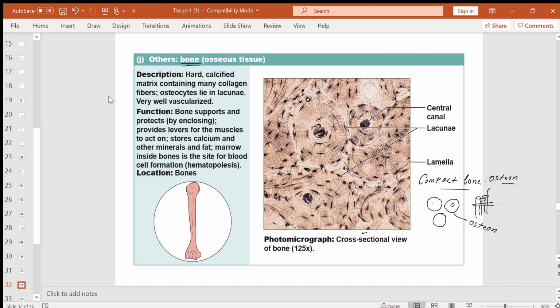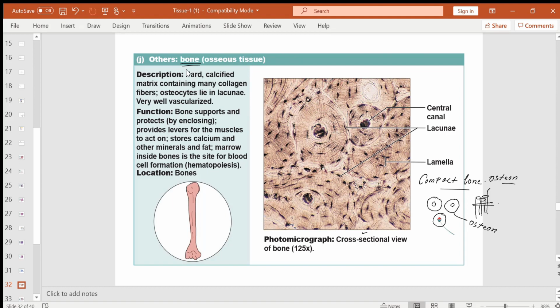Okay, so this is the central canal, and blood vessels and nerves pass through the central canal. You know that bones are vascular, that means bones have blood vessels. So the blood vessels pass through the central canal. Okay, so you have a small branch of artery here, you have vein, you have nerves. So those structures are inside the central canal.